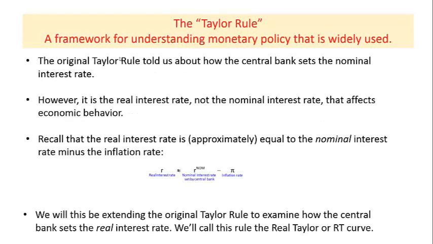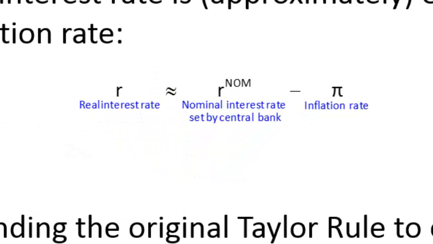The original Taylor rule told us about how the central bank sets the nominal interest rate. However, it's the real interest rate, not the nominal interest rate, that affects economic behavior. Just to refresh your memory, the real interest rate is approximately equal to the nominal interest rate minus the inflation rate.